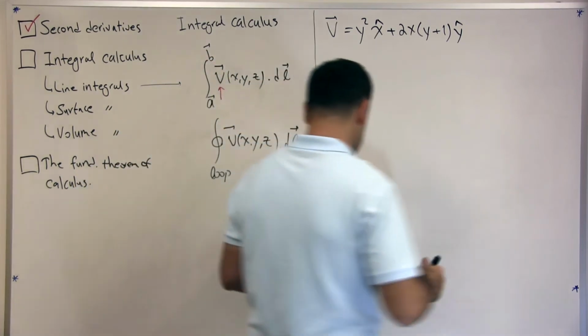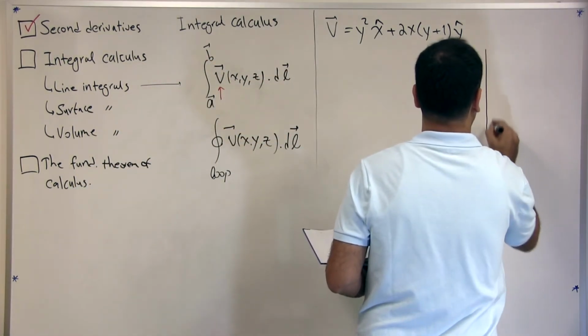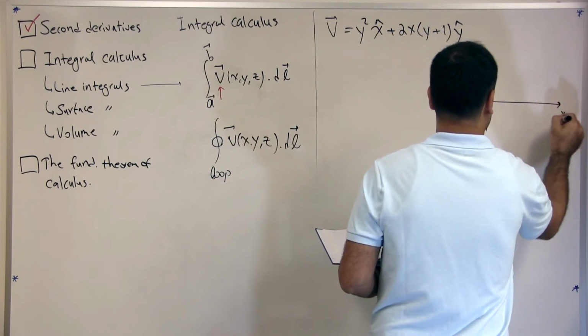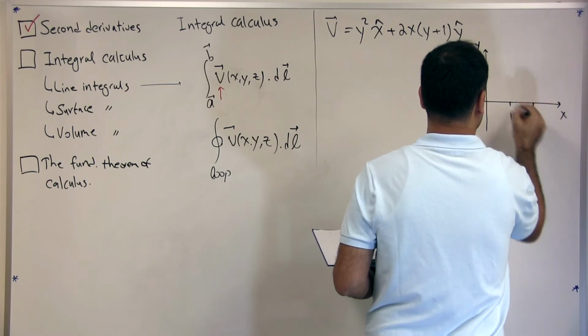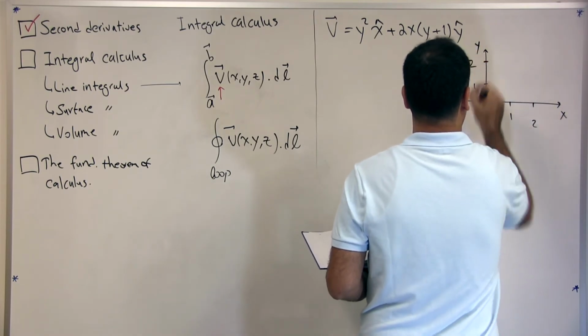And then we are going from, this is x, this is y, 1, 2, 1, 2.